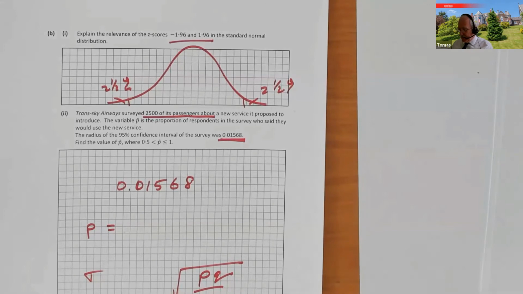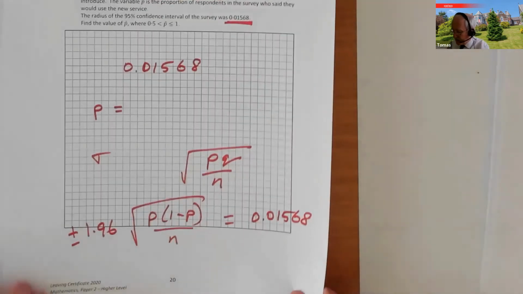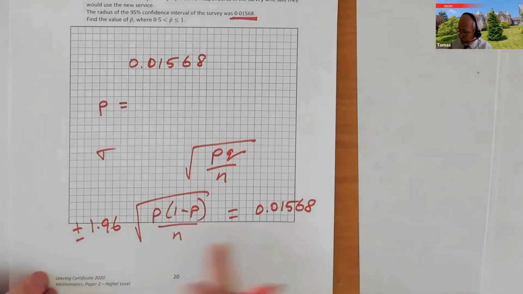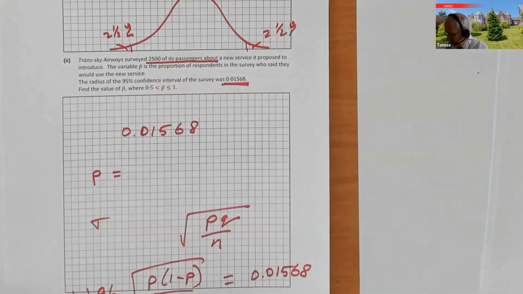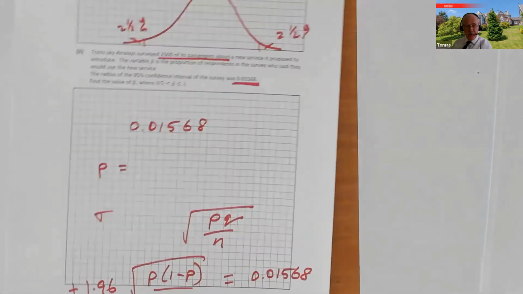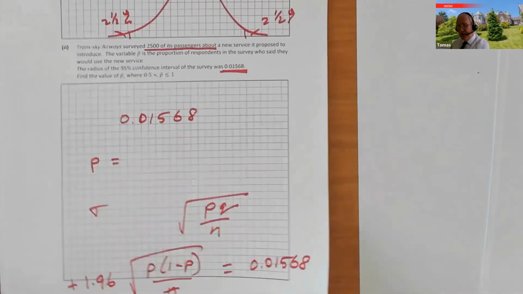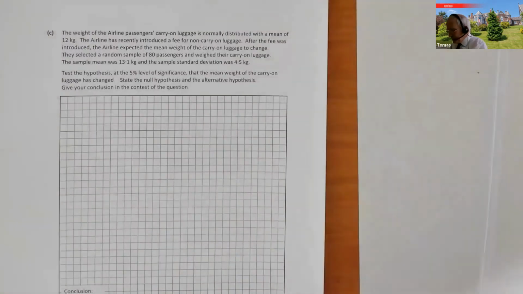And now you've got to calculate what they are. Can you solve for P? And hopefully you're able to solve for P. You can take this number over, you can square this to unsolve it, and the number they chose in the sample was 2,500. So everything is known there, you just have to solve for P. So have a look at that question on the exam, and just look at how it solved it.